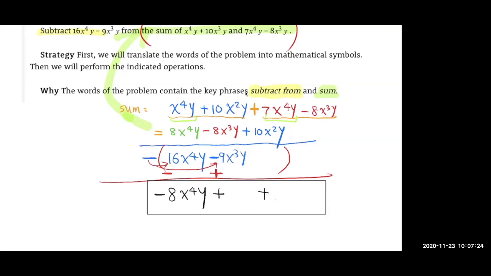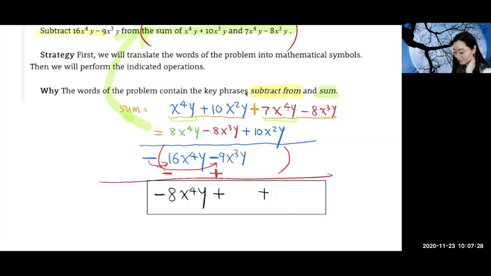Now, what about this one over here? Combine them. Remember, this becomes an addition. When you distribute the minus sign inside, minus becomes a plus. So we're adding 9x cubed y.